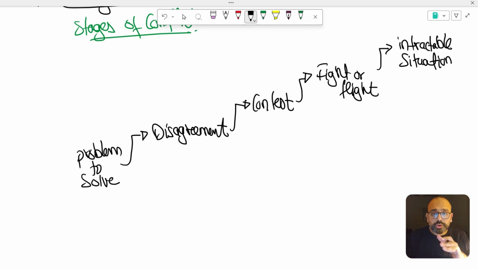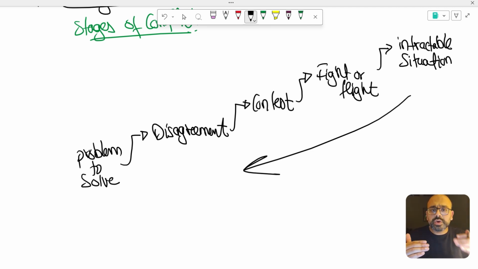So the whole point of understanding these 5 stages is you will not get a question directly, like what is this stage or what is that stage. The whole point is you need to know how to lower the stage, how to bring the stage down. If they are at the contest stage, enforce the ground rules, bring their emotions down, listen to their frustrations, listen to their point of view, whatever.